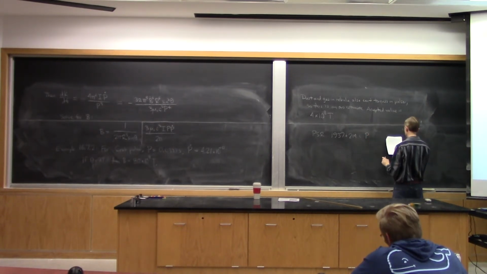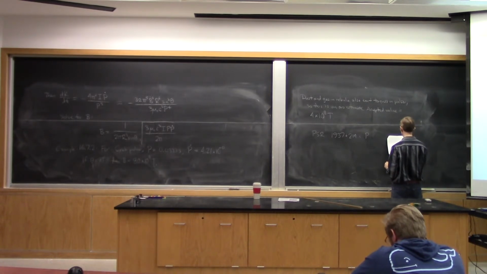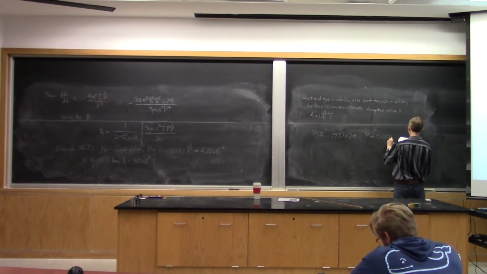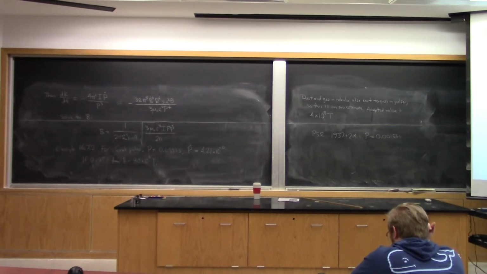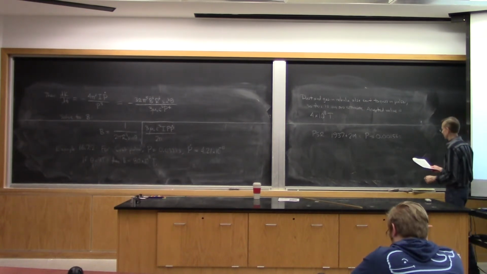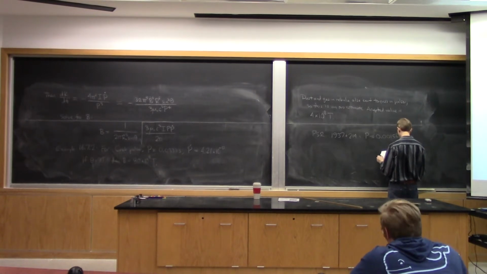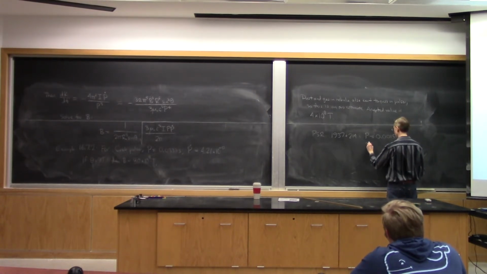There's another example for PSR 1937 plus 214. There the period is much shorter, 0.00156 seconds. That's a millisecond pulsar.